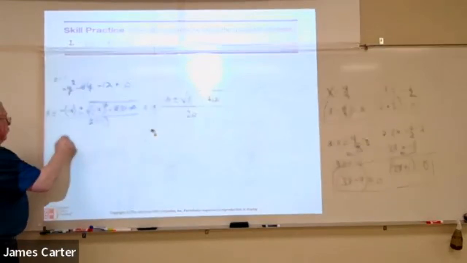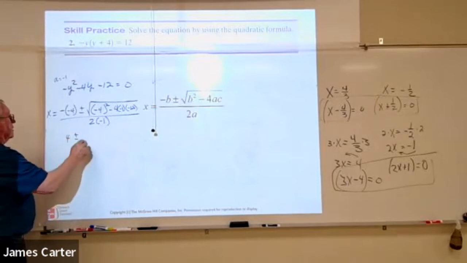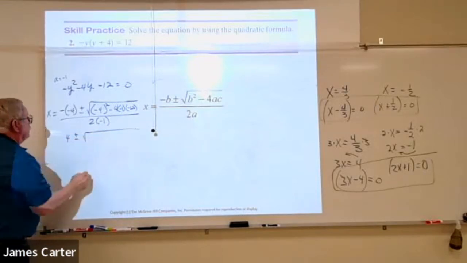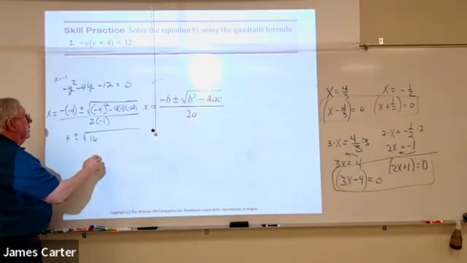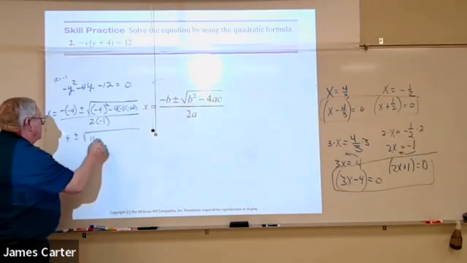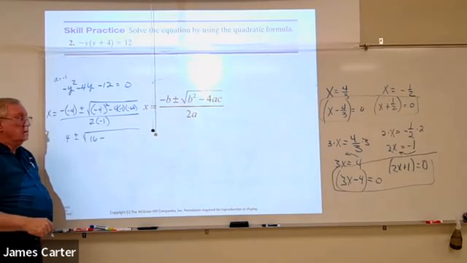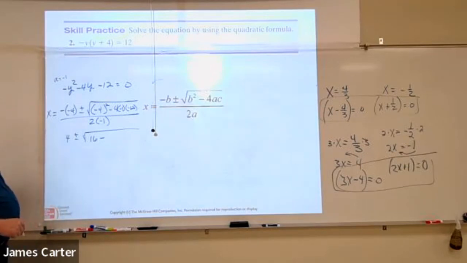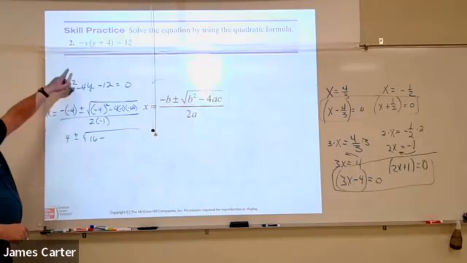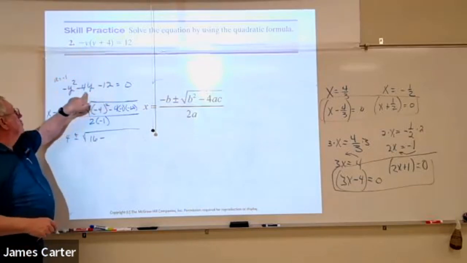Okay, so this is 4 plus or minus the square root of 16. Minus minus minus gives me a minus. When I take this times that, that's where that comes from.